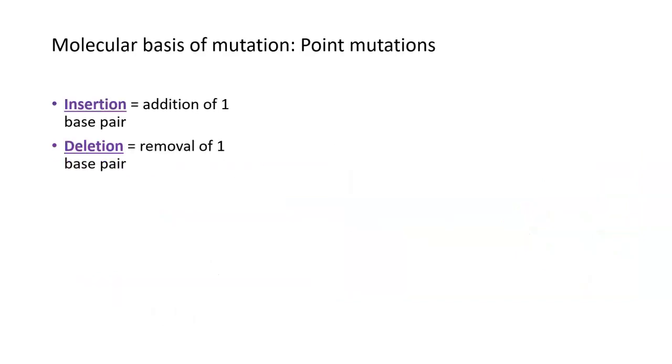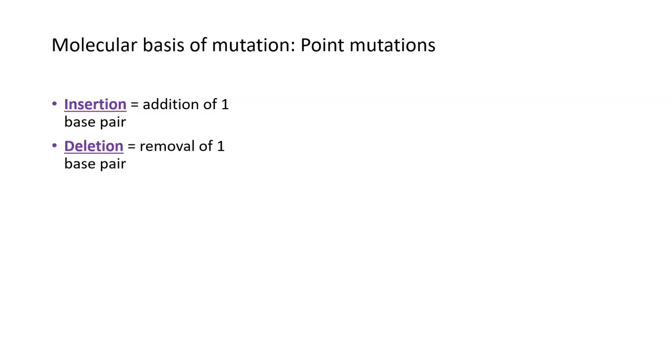Some other types of point mutations are insertions and deletions. With a substitution, you're taking one single base and exchanging it with another base. In the case of an insertion or a deletion, you're still only acting on one single nucleotide. With an insertion, you're adding one single nucleotide.